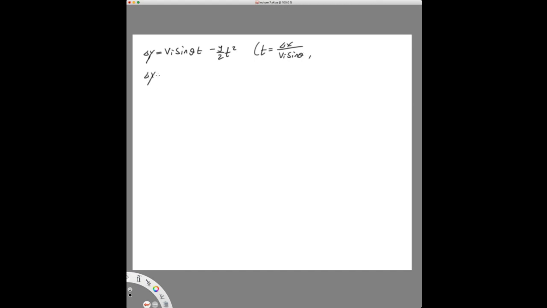So we plug that in. Where those parentheses are, I'm going to plug in my expression for t. That is delta x over vi sine of theta. Delta x over vi sine of theta.